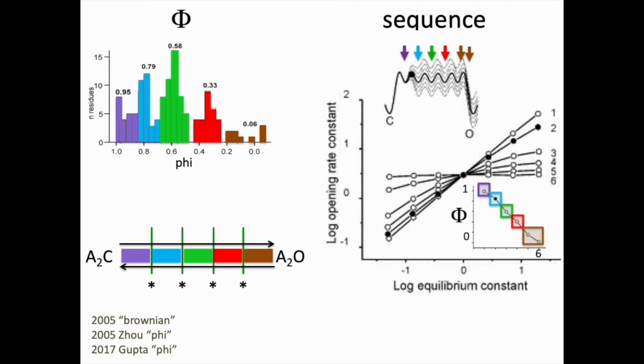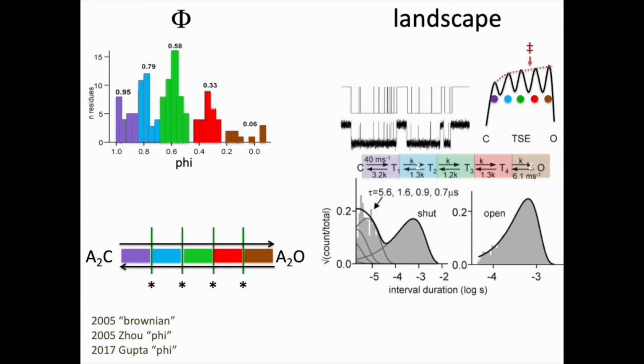So phi gives a sequence, with a phi value of 1 meaning early and a phi value of 0 meaning late. So that's our first inference from phi: it's telling you that there are 5 rearrangements that occur in sequence inside of the gating isomerization.